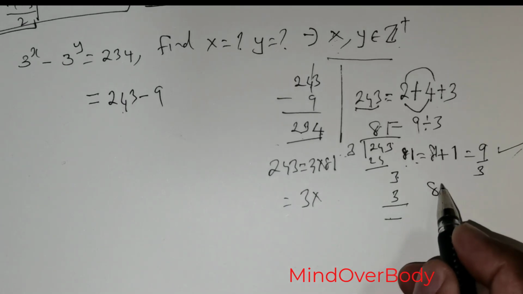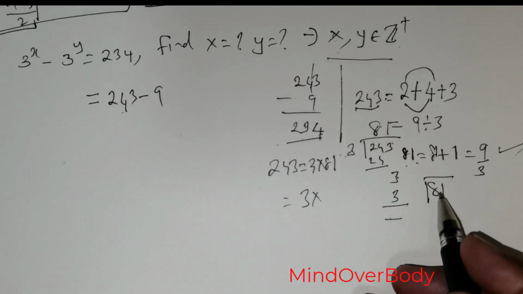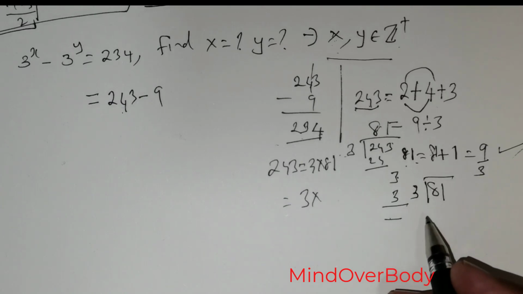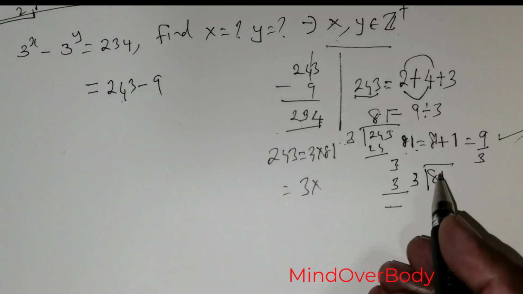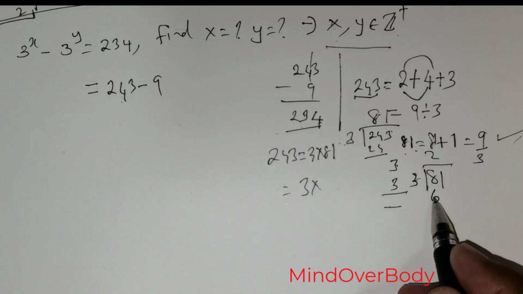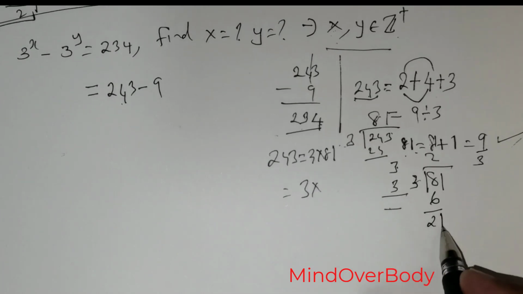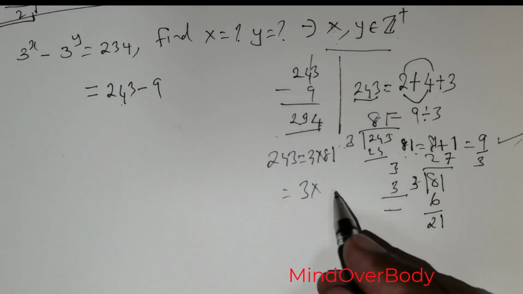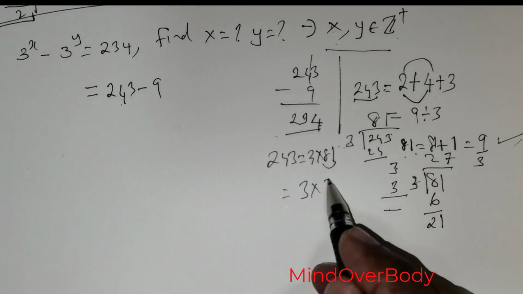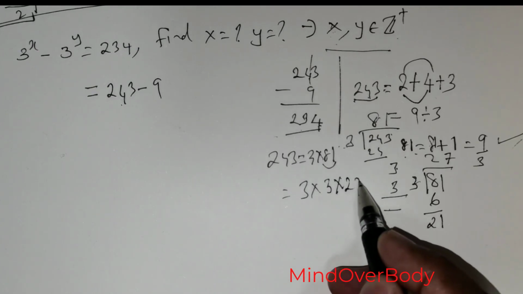I know you all know 81 is divisible by 3, but just to make sure the algorithm is perfect and consistent, that's the reason I'm showing you all this. 3 times 2 is 6, so the remainder is 2, and then you have 7. 7 times 3 is 21. So 81 can be written as 3 times 27.